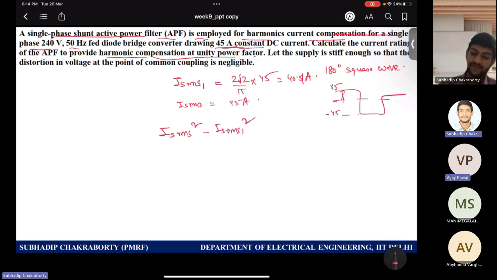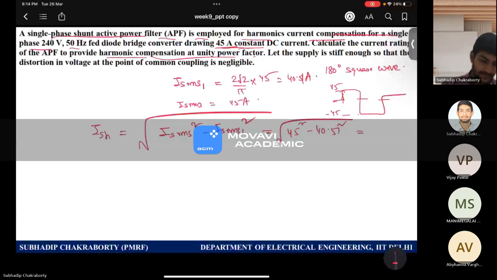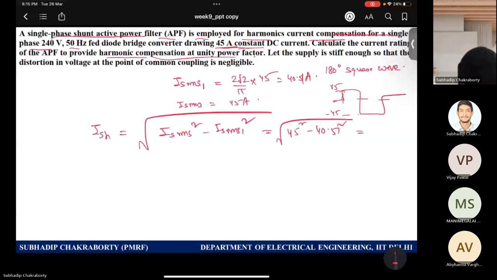Root of 45 square minus 40.51 square. What is it? 19.57 amps. Right?